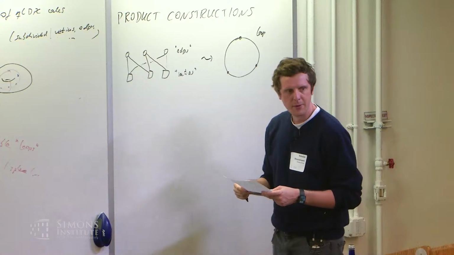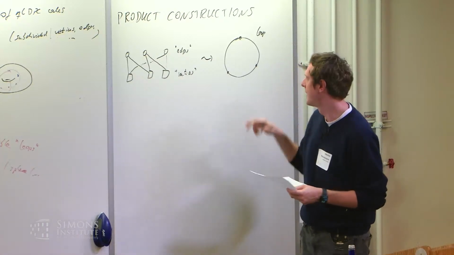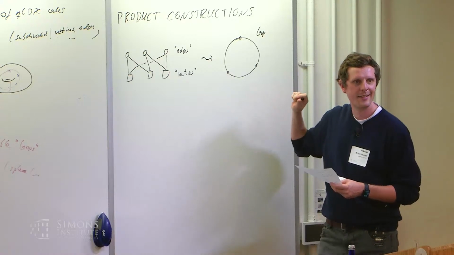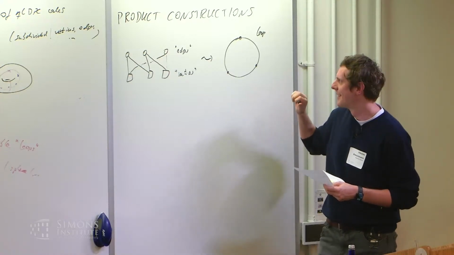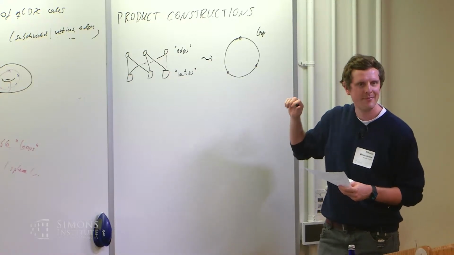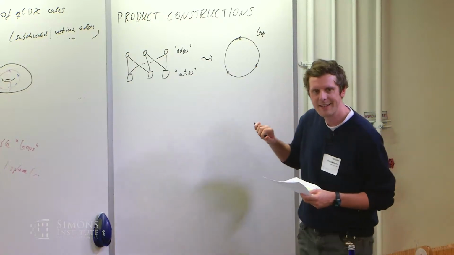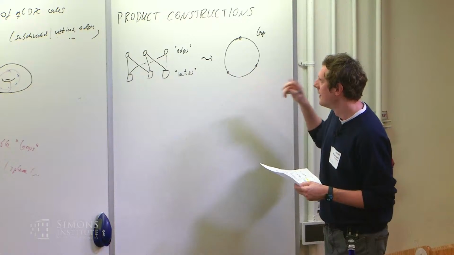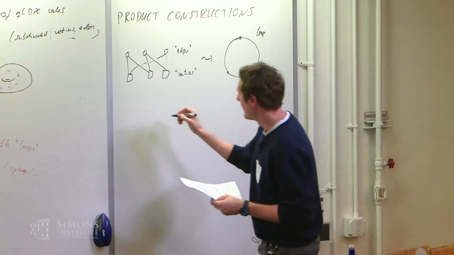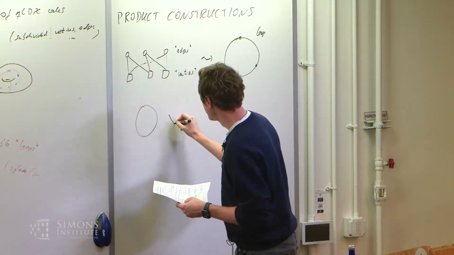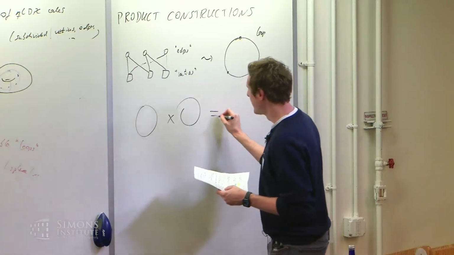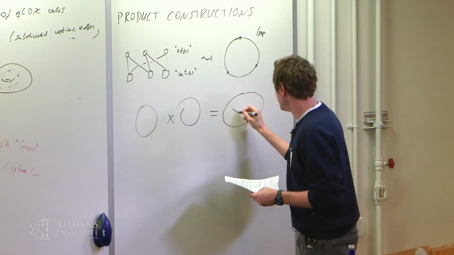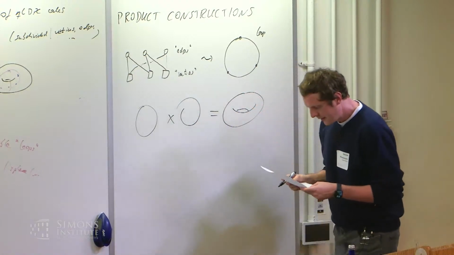Any suggestion how I do this? Count faces. Sorry? Get faces of the graph? Yeah. So maybe you've seen that if I take two loops and take the Cartesian product, what do I get? The torus. Exactly.